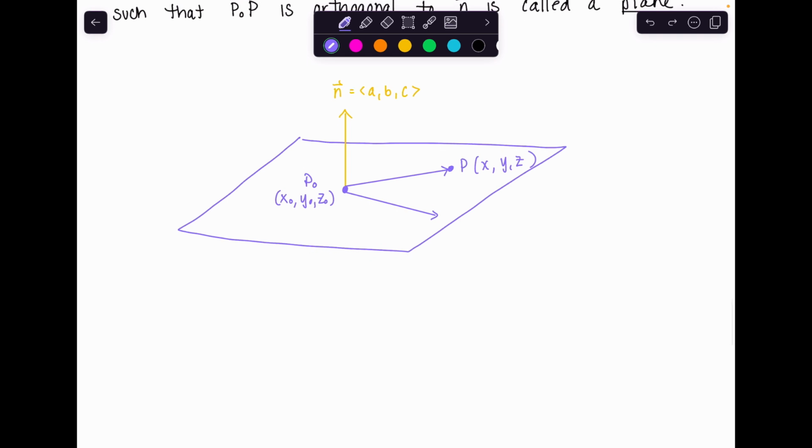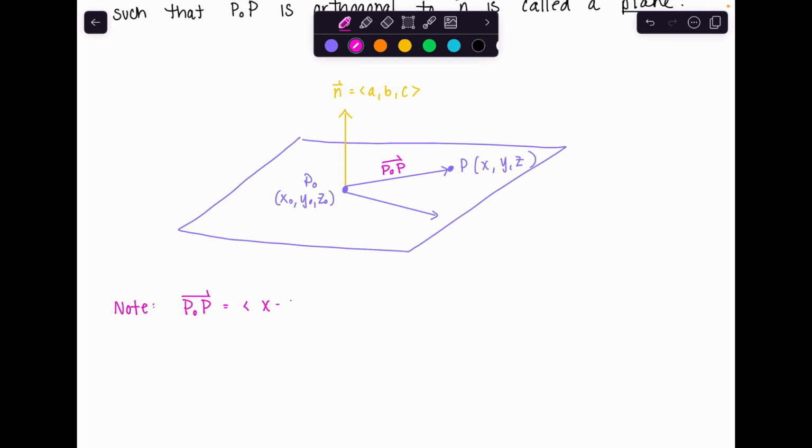Knowing this is how a plane is defined, I can actually come up with the equation. Again, the normal and the initial point are potentially given to us, but it's something I can find. From that, I'm going to figure out what this vector here is, which is exactly P0 to P. Notice P0P is just the difference between those two points.